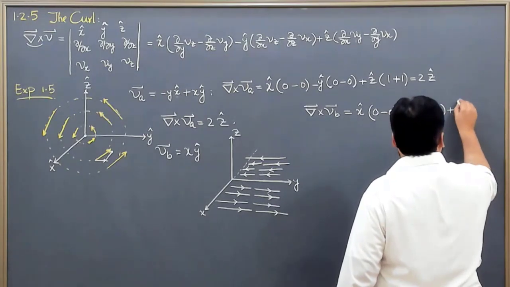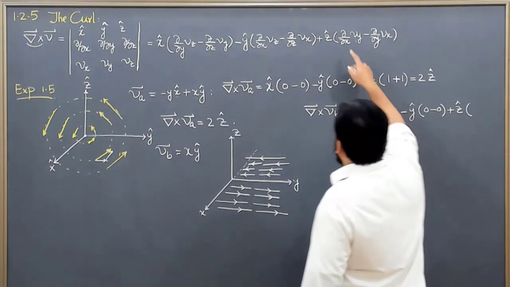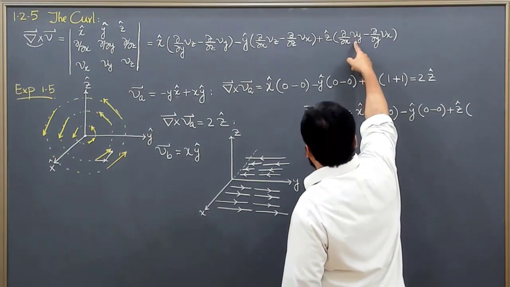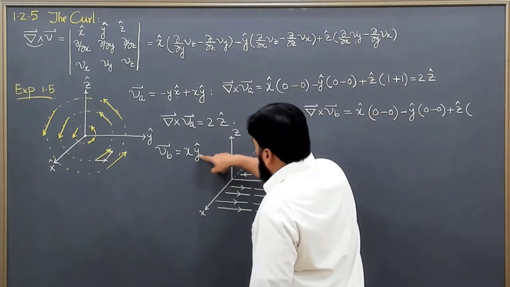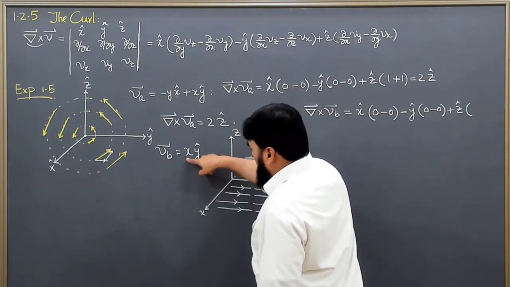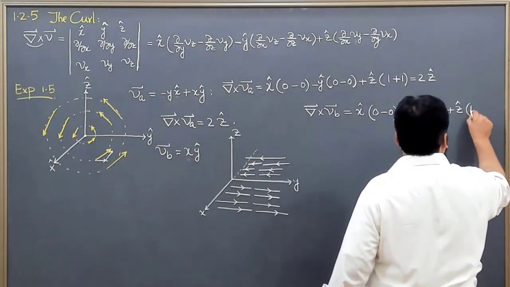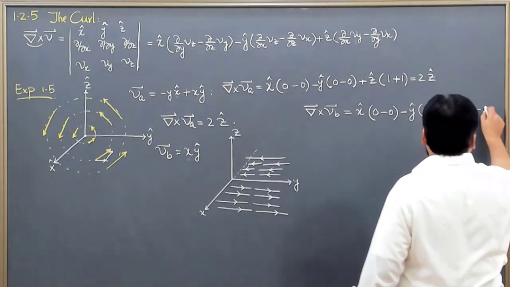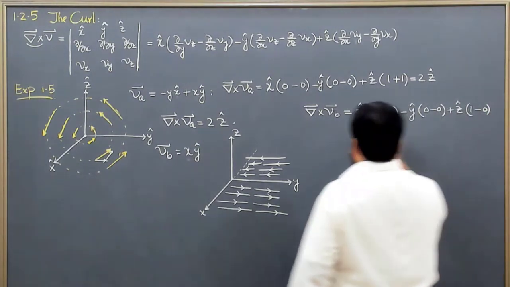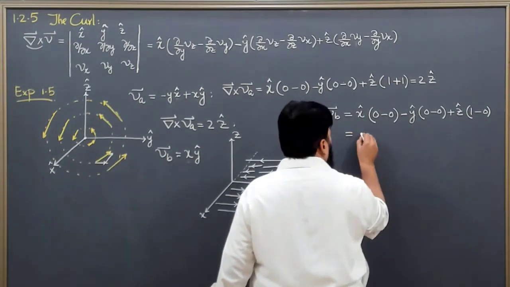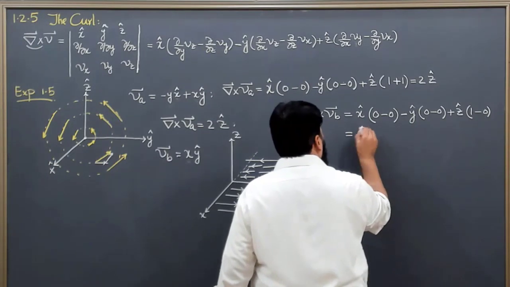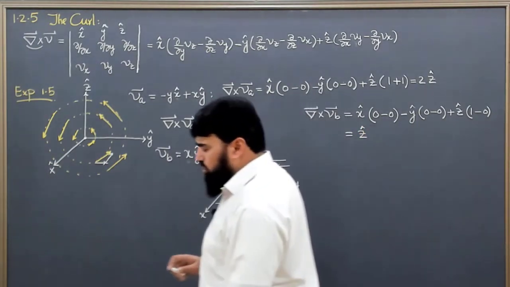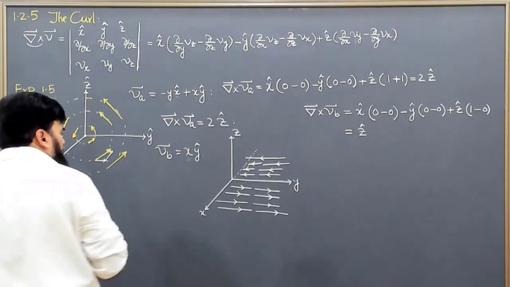And then the z component here, we are having the Vy component, and its derivative with respect to x will give 1, and then minus, we don't have any x component, so it is equal to 0, and this vector's curl comes out to be in the z direction only, and its magnitude is 1.